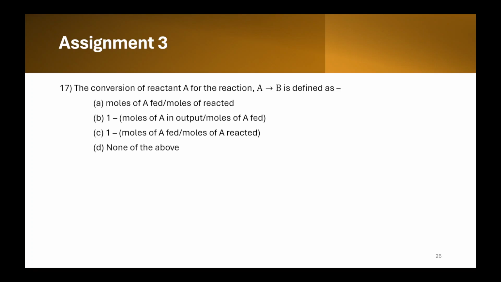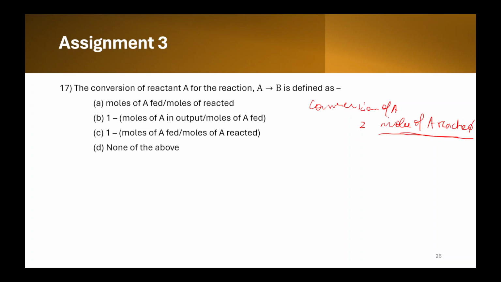Next question. The conversion of reactant A for the reaction A giving B is defined as. So we will define conversion of A. So moles of A reacted. How many moles of A are getting converted to B?